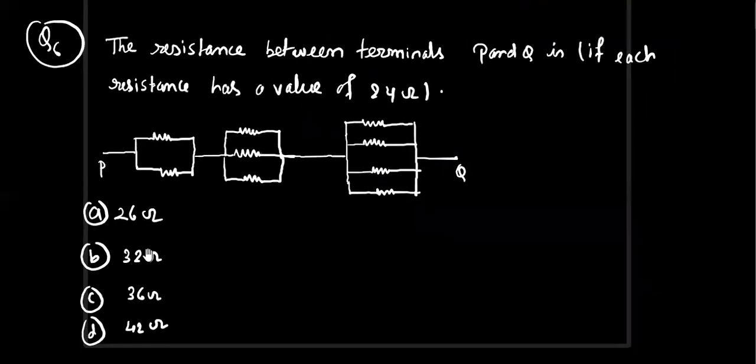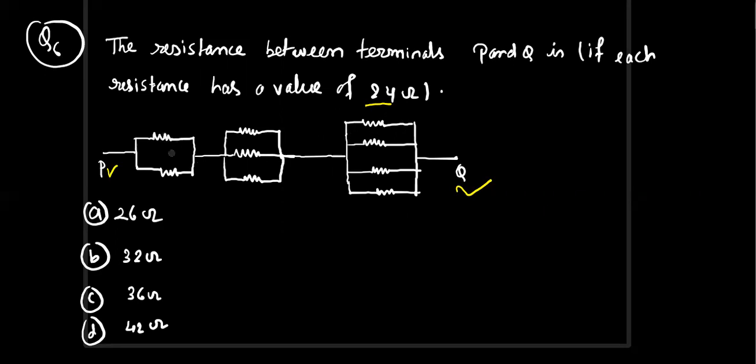Okay, now we're here in question number 6, and it is given the same thing: we have to find the equivalent resistance between terminals P and Q, and each resistance has the value of 24 ohm. We can easily find it by solving the parallel combination. We do not have to use the formula, just use the concept.